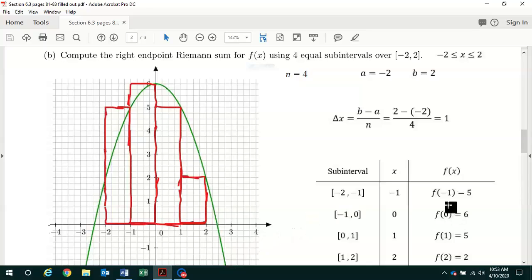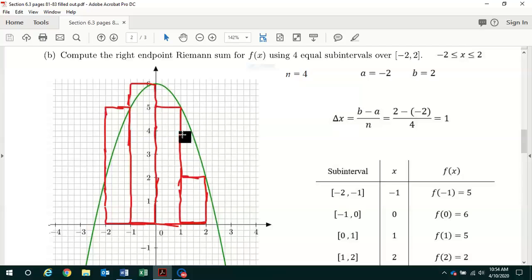To find f of -1, we go to x equals -1 on the x-axis and find the y-coordinate on the graph, which is 5, so f of -1 is equal to 5. At x equals 0, the y-coordinate is 6, so f of 0 is equal to 6.